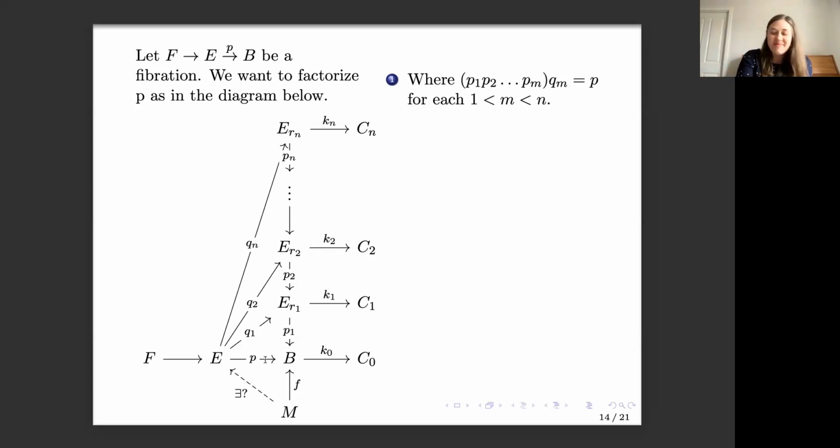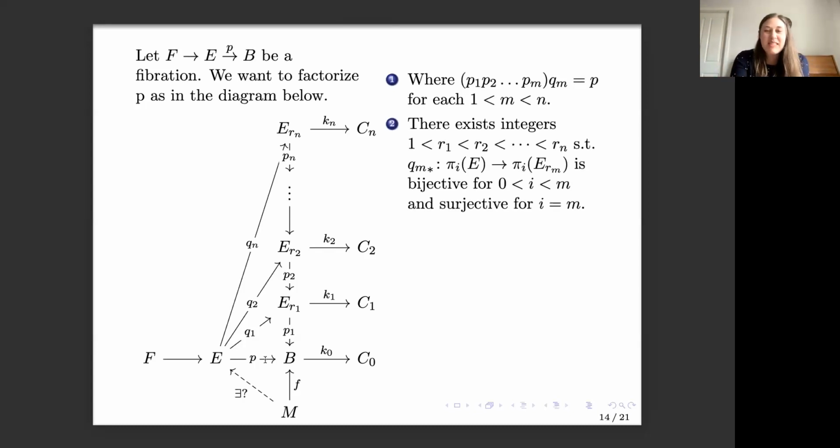Okay. The second thing that we want is a little bit more mysterious, but it's absolutely key to solving the lifting problem in the end. So what we require is that each Qm is an m-equivalence.